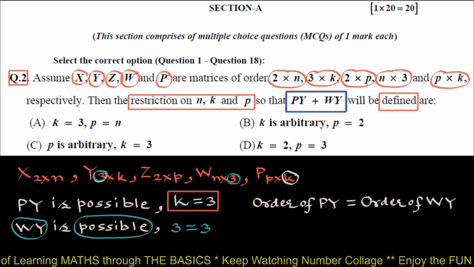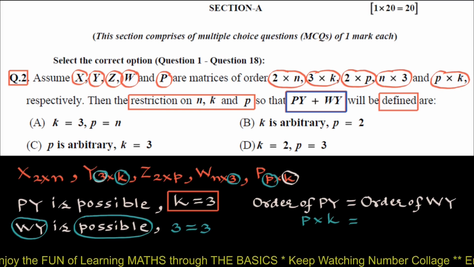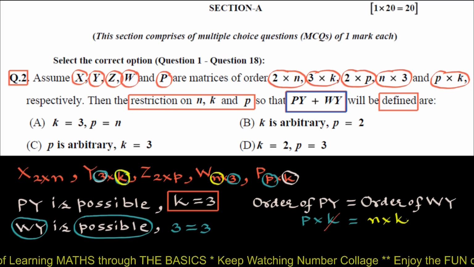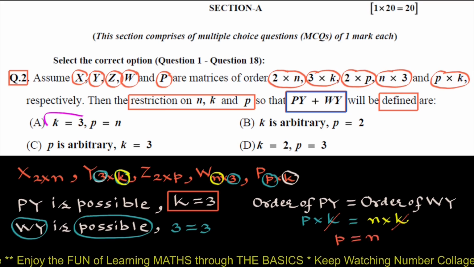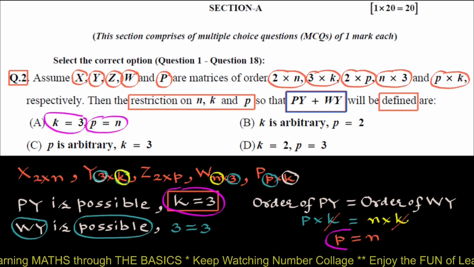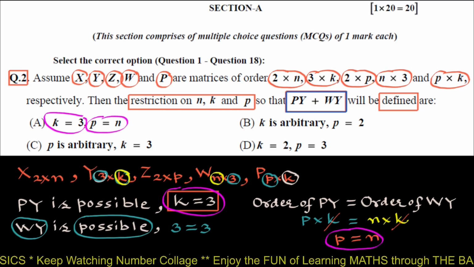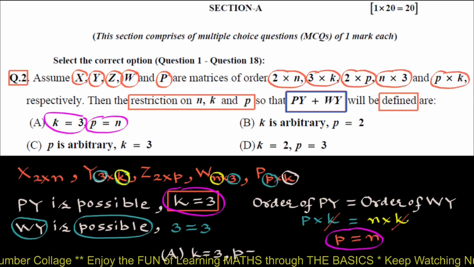The order of Py is P into k, which is equal to the order of Wy, which is n into k. Cancelling k from both sides, we get P equals n. So k equals 3 here and P equals n here is the correct option. So the answer option is A, k equals 3 and P equals n.